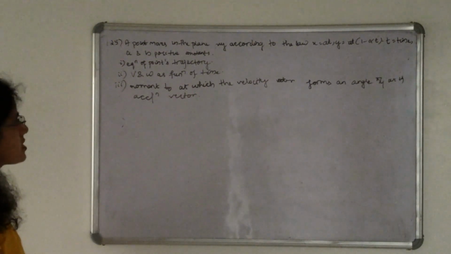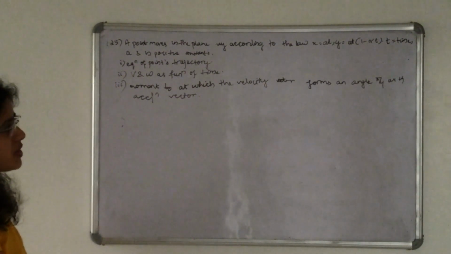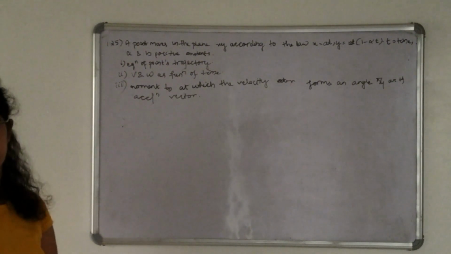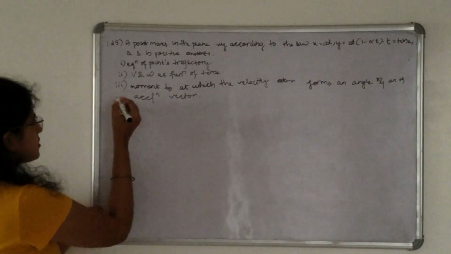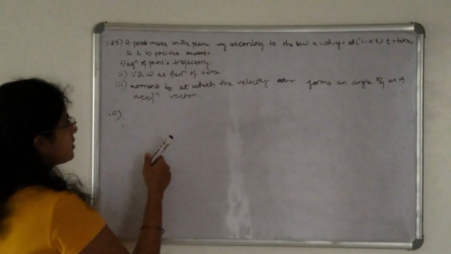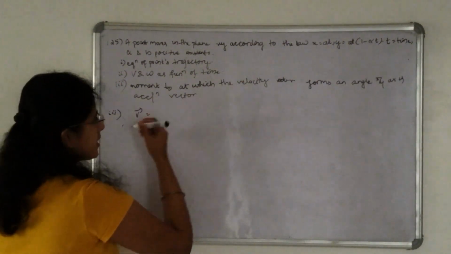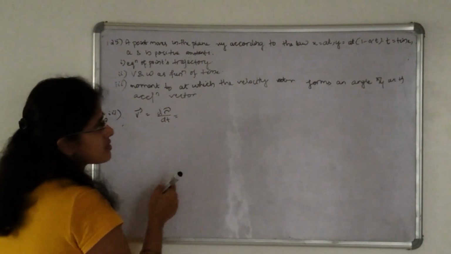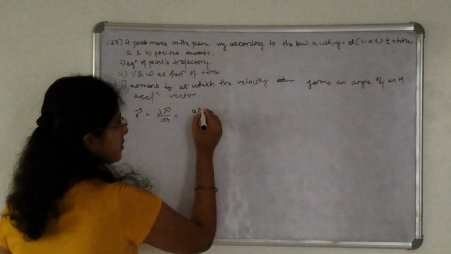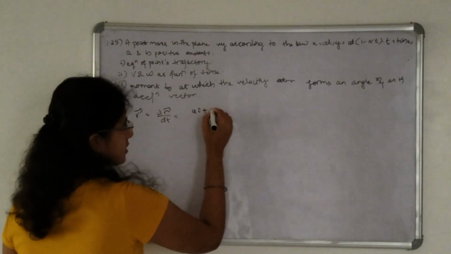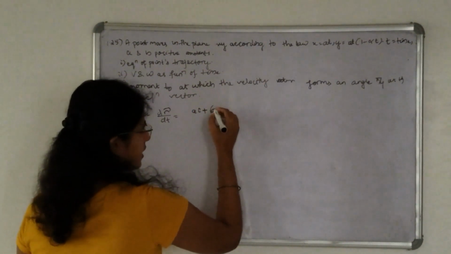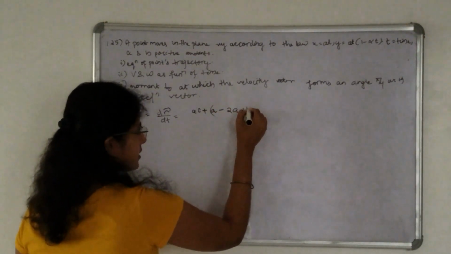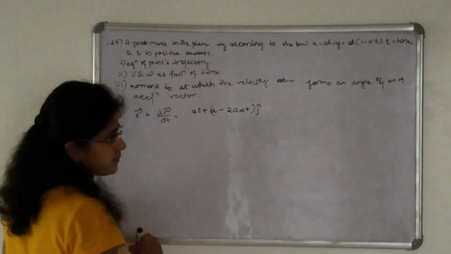Okay. Next question: the moment t naught at which the velocity vector forms an angle pi by 4 with the acceleration vector. This question I am doing. So the velocity vector is how much? Simply differentiate this, that is dr divided by dt. So the differentiation is a i cap plus (a minus 2a alpha t) j cap.